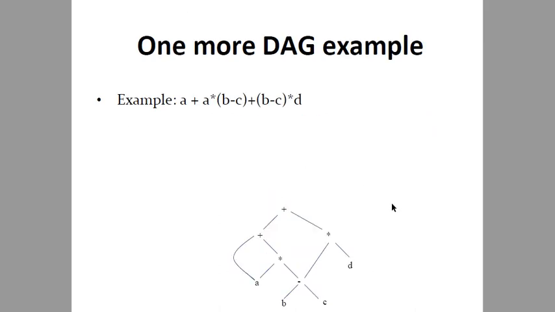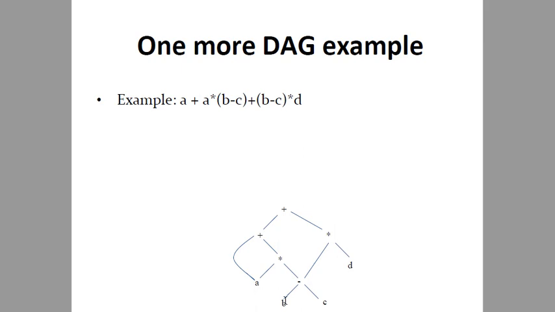See this example: a plus a into b minus c plus b minus c into d. What is the common sub-expression? B minus C. We need not build it 2 times. In a syntax tree we would do it 2 times, but in a DAG we do it only 1 time.